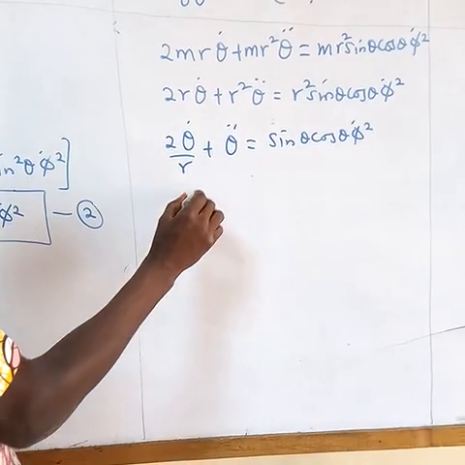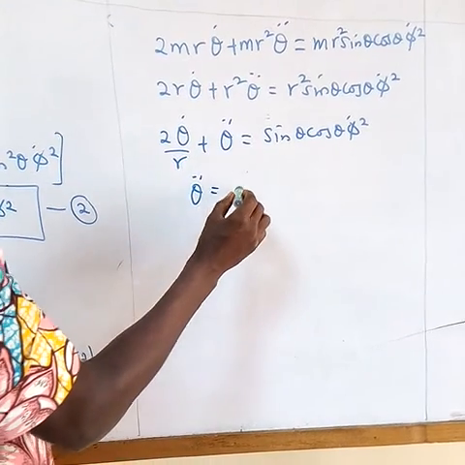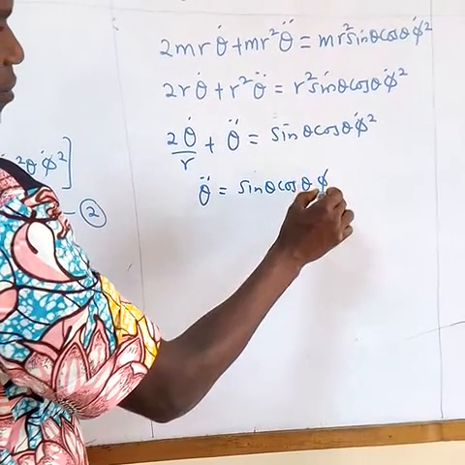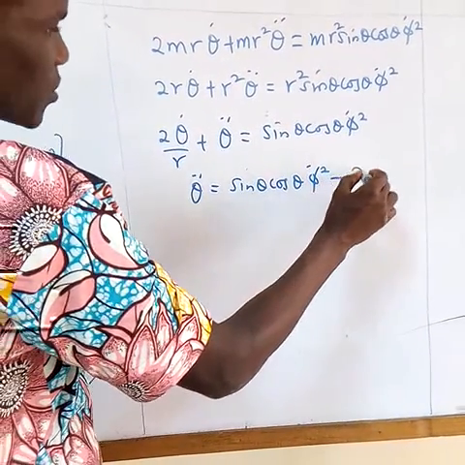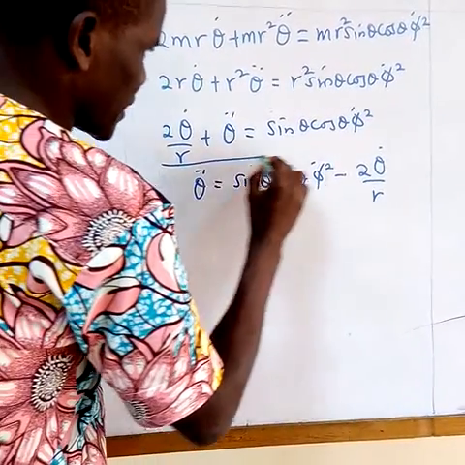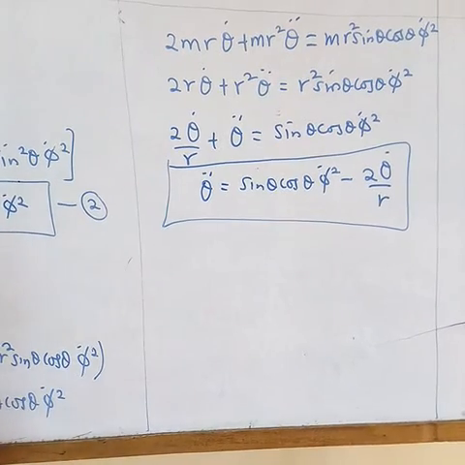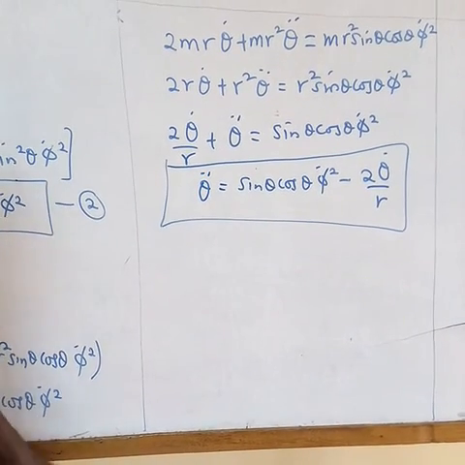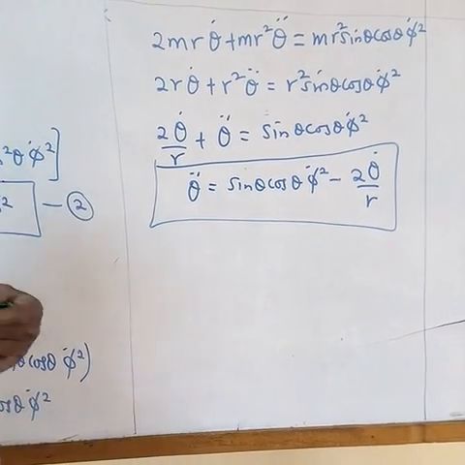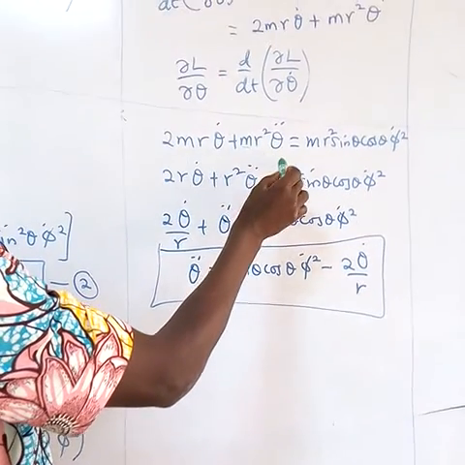So automatically, our theta double dot is equal to sine theta cos theta phi dot squared minus 2 theta dot against r. So that's our final expression for theta and theta dot. Hope it is clear. If that is clear, this is our Coriolis term.